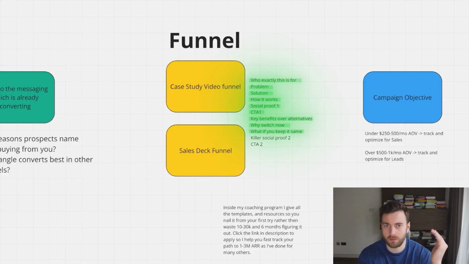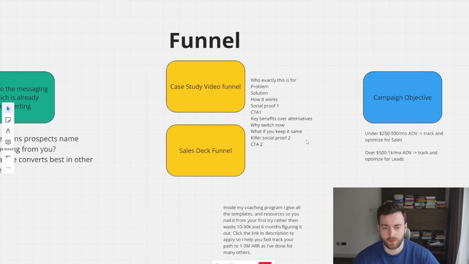You want to walk them through this so that they get this negative visualization of, oh, we don't want our HubSpot to keep delivering us poor results, so that's why we need to change this right now. Then killer social proof number 2, and then call to action number 2. This is an overall framework which we use for either of these funnels when applying it.